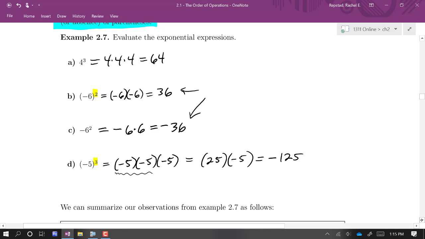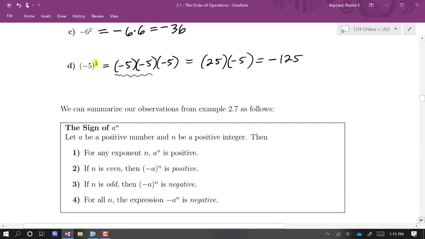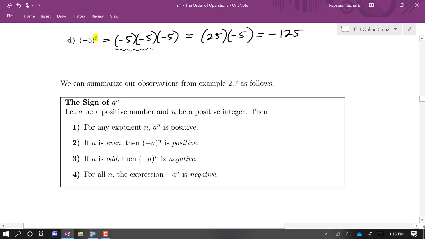So we've got some observations down here based on whether the sign of our base is positive or negative, whether we have parentheses or not. So let's say a is positive and n is a positive integer. So I'm looking at a positive number raised to a positive power here. So if I have a positive base raised to a positive integer power, we're going to get positive. If I look at a negative base, which is what I've got in part 2 here, and I'm raising it to an even power, then the result is positive.